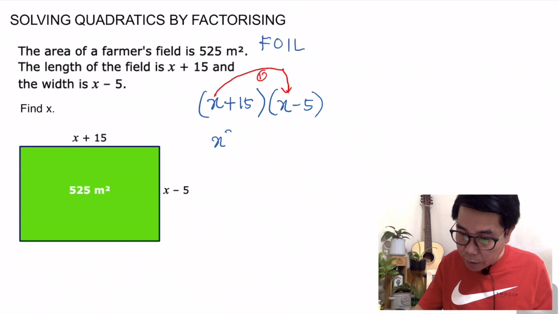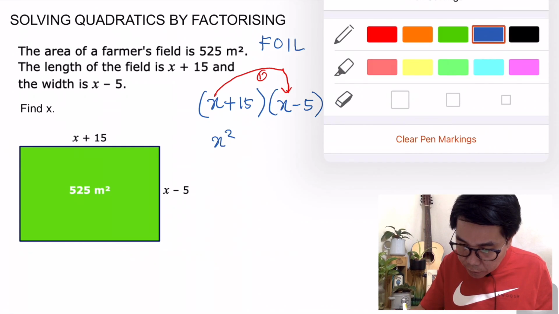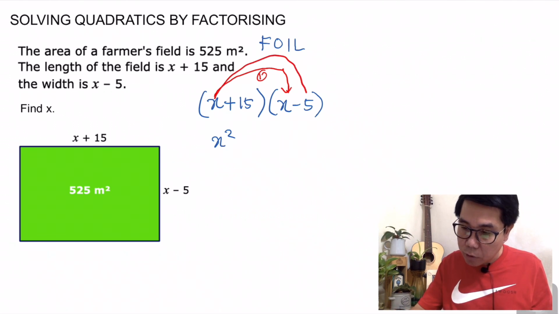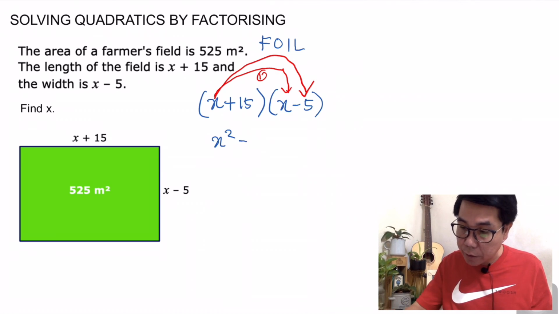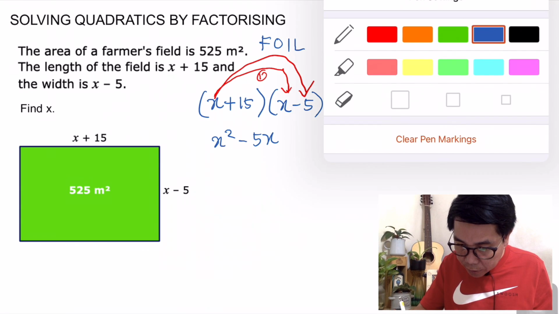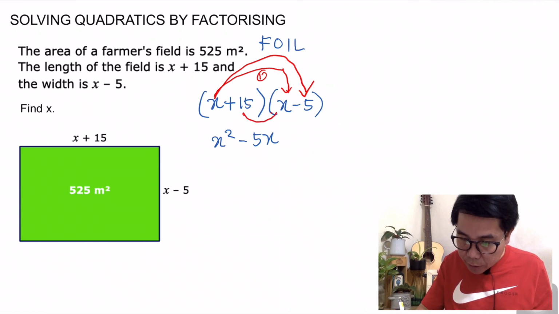And then outside, so this and this outside, so multiply x times negative 5 is negative 5x. Then followed by inside. Inside here, so this is second, this is third.